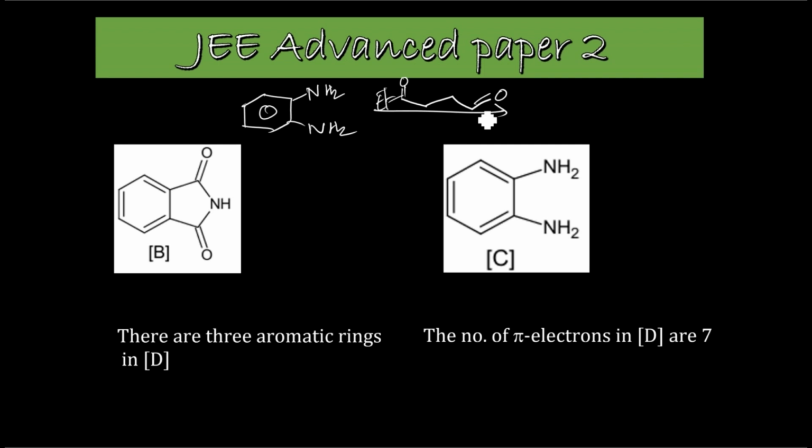Before that, it will undergo a ring formation. So the product would be a benzene ring with N, that will be a ring formation. Can you imagine?